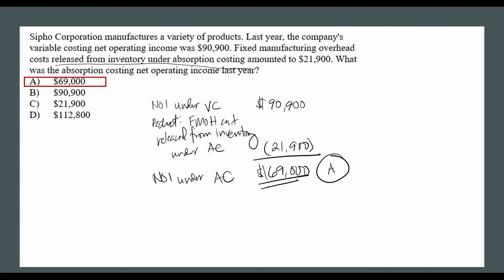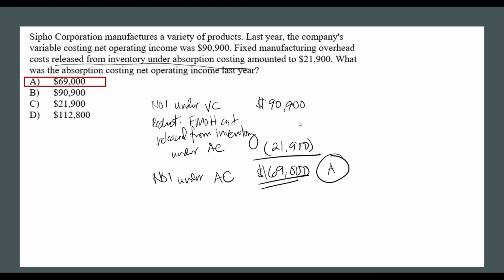Okay? Does it make sense? So you have a lower net operating income under absorption costing as compared to variable costing. Why? Because we have released the manufacturing overhead cost from the inventory under absorption costing. So the said cost is charged against the revenue, making the net operating income lower.